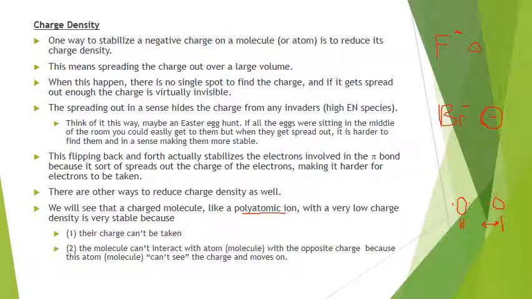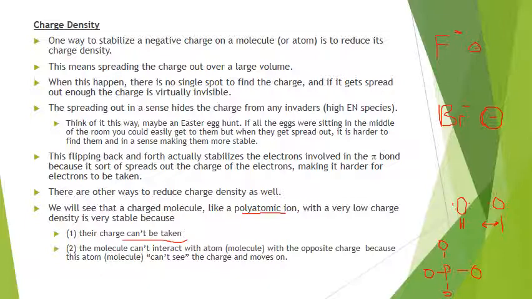We'll see that charged molecules like polyatomic ions have very low charge density, and that's because they're very large. Therefore, it's harder to take their charge away, and it's also harder for those molecules to interact. For instance, phosphate is a big molecule compared to most ones.